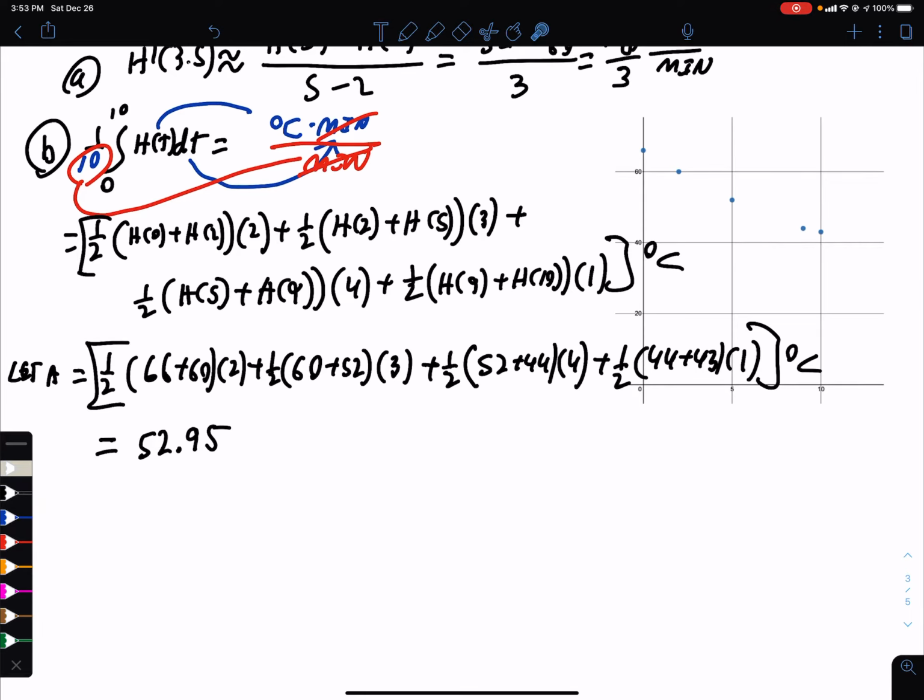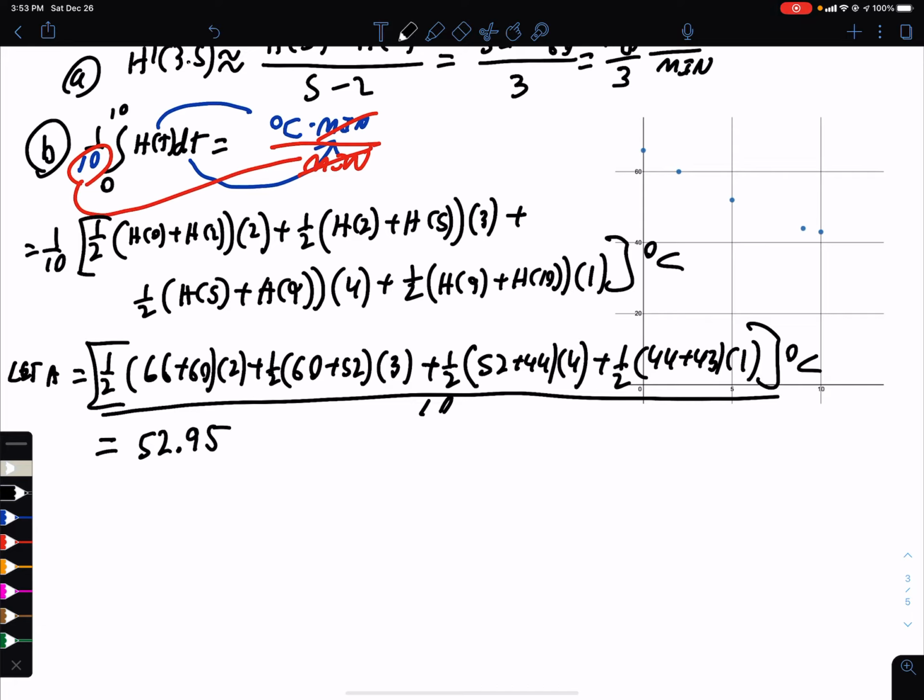That 1/10 in front. To say this equals, technically I'd have to divide this whole thing. Now, it's on 2 lines, so I could divide by 10. So how am I going to divide that by 10? I'm going to put a 1/10 in front. And then here, I'm going to divide this whole thing by 10. And so then if I simplify this, I get 52.95 degrees Celsius.